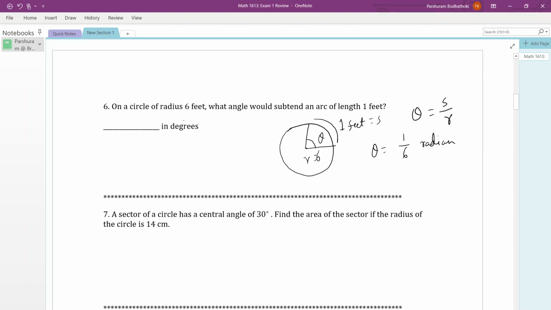But we are looking for the answer in degrees, so we need to multiply this by 180 degrees over pi. That's how we convert radians into degrees.